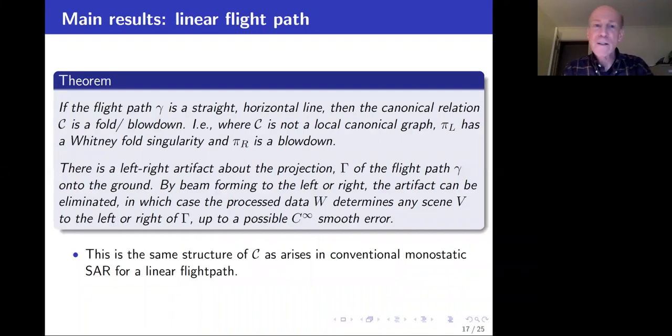So first of all, for a linear flight path, we have the following. If the flight path gamma is a straight horizontal line, then the canonical relation C, to which this operator, which takes the scene V of X to the windowed Fourier transform data W of S omega, belongs, is what's called a fold blowdown, meaning that where C is not a local canonical graph, in fact, pi L has a Whitney fold singularity, while pi R is a blowdown.